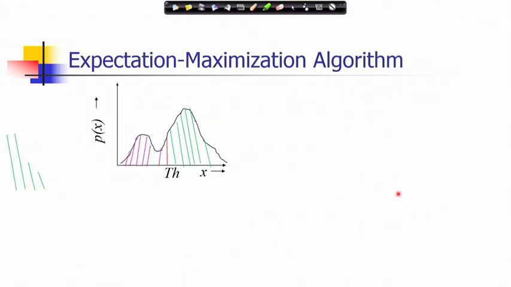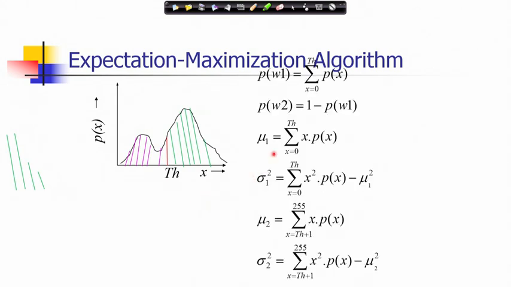This is how the corresponding parameters are computed in this case. You can see the probability of W1 is computed as the area of P(x), a summation from 0 to the threshold. The probability of W2 is just 1 minus P(W1), because it is the complementary part of the area.